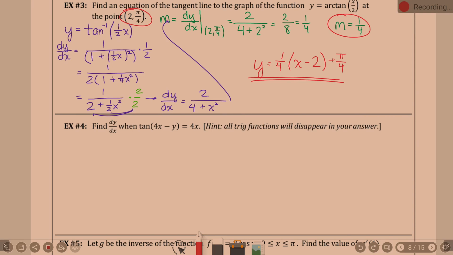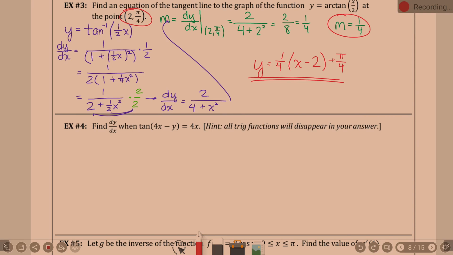If I did implicit differentiation, we'd still have a trig function there, so that's why the hint is important. The problem is, this y is in here, right? We can either use implicit differentiation, which is going to be rather messy, or we can get the y out of the tangent.